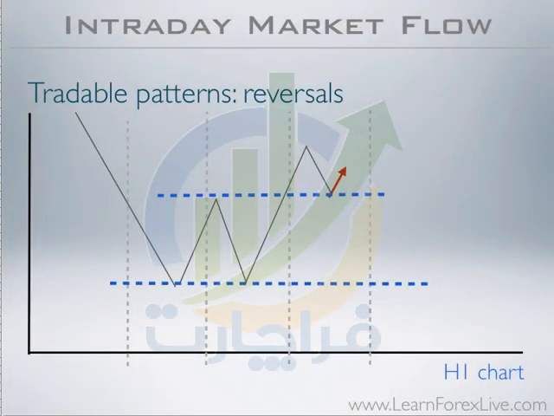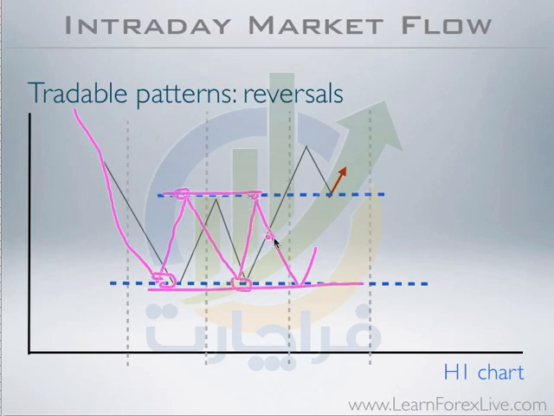Now, as in the continuation pattern, this congestion, which is the key to this type of formation, can take multiple shapes. Okay, it can take the shape of a standard range, and then we have two tops to the upside, two bottoms to the downside, and eventually we just get the breakout of that resistance line instead of the breakout of the support line.